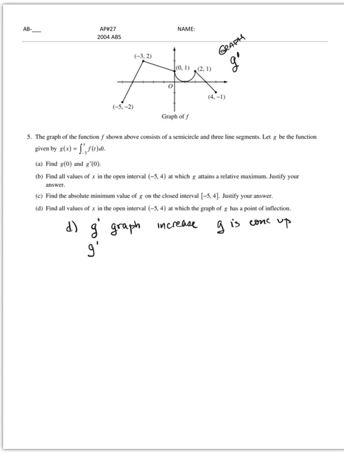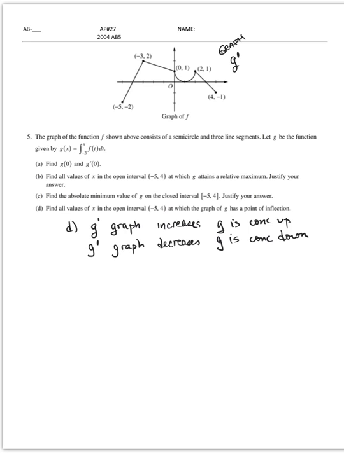When the derivative graph of g decreases, g is concave down. So to find inflection points, the derivative graph of g has to change from increasing to decreasing or decreasing to increasing.